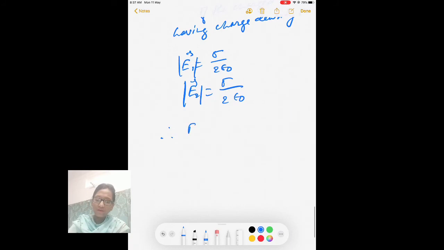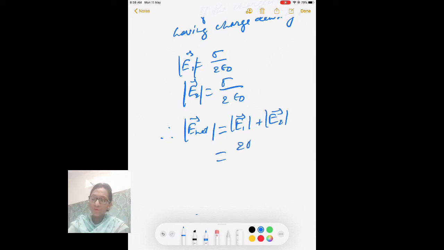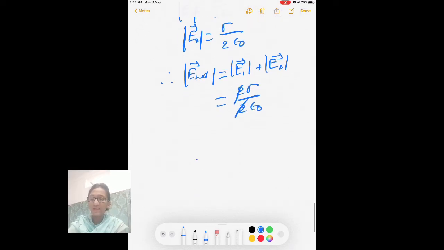So therefore E net, in magnitude, is equal to E1 plus E2, which is equal to 2 sigma upon 2 epsilon naught, and finally you find the electric field.